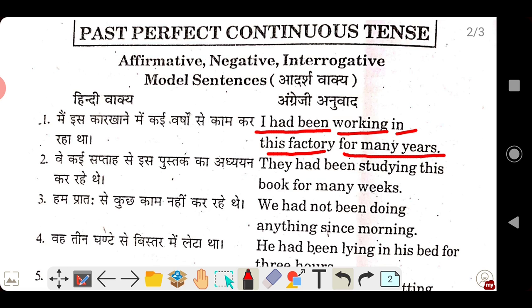Guys, I request you, whatever you write, try to make your sentences original, and they must not be copied from somewhere else. Try to make 10, 15, or 20 sentences a day.